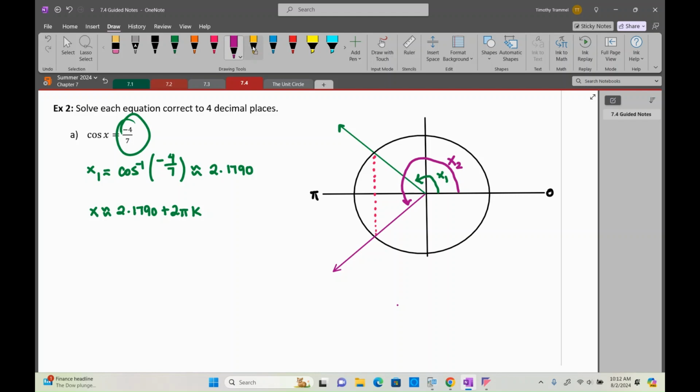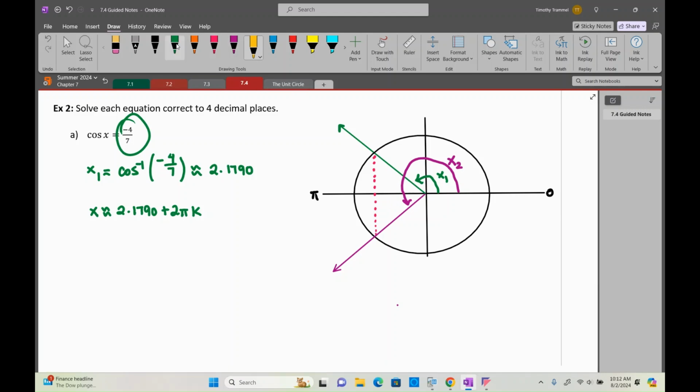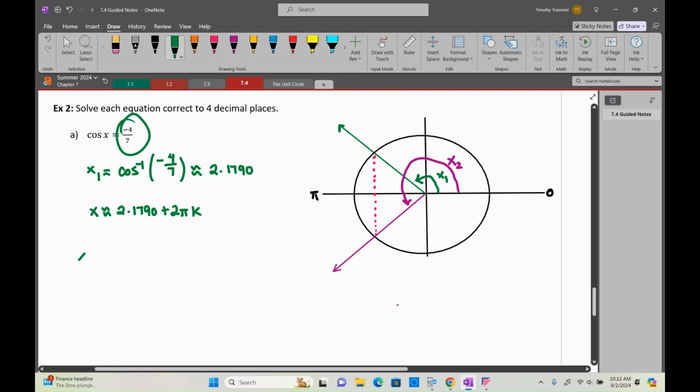This little bit of angle right here is the same as this bit here. And so I'm going to have us find this first, because I'm going to add that to pi to get what x2 is. Okay. So let's go ahead and try to write that in here.